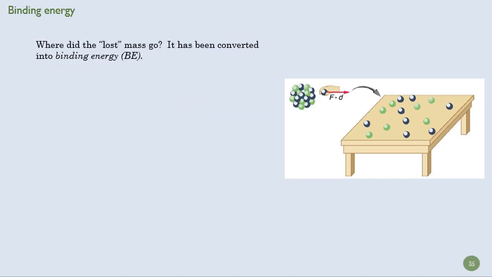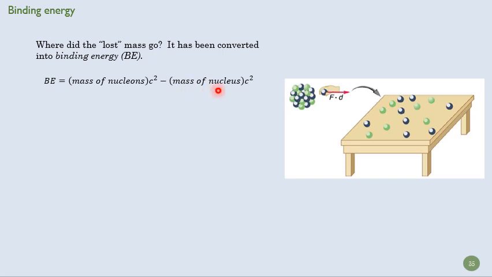So where did all that lost mass go? It's converted into what we call binding energy. So to rewrite that equation that we just did in Einstein's terms, the energy of the free nucleons is the mass of those nucleons times c squared. The difference between the energy of the free nucleons and the energy of the nucleus, or the mass energy of the nucleus rather, is the binding energy, right?